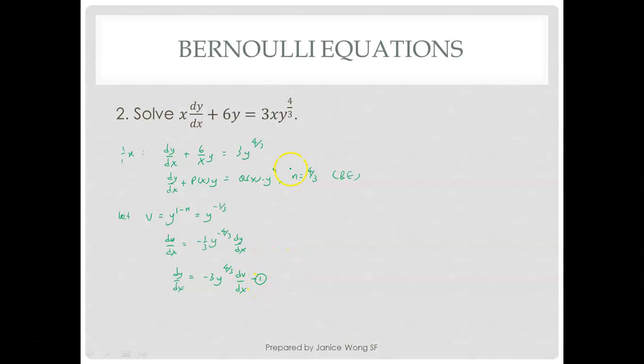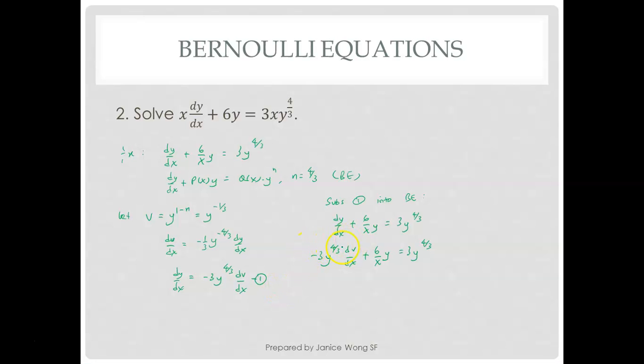Substitute this into the Bernoulli equation. So we label this as sub 1. Copy the Bernoulli equation, dy over dx plus 6 over x y equals 3y to the power of 4 over 3. Let's substitute dy over dx in: negative 3y to the power of 4 over 3 dv over dx plus 6 over x y equals 3y to the power of 4 over 3.